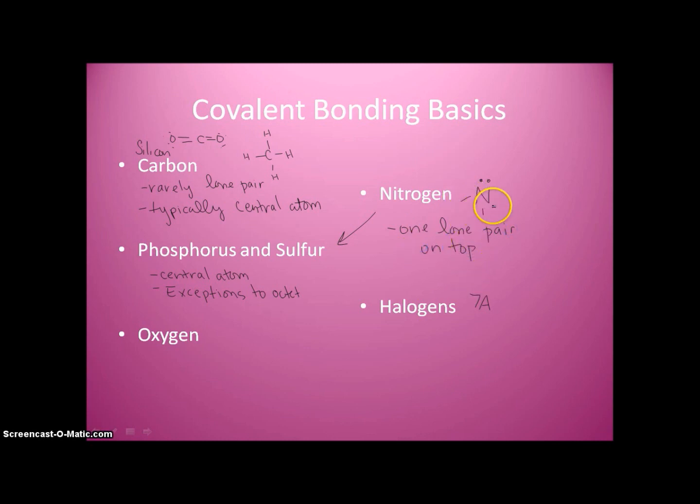He's usually going to have 3 shared pairs. And this is true if he is bonded to 3 different hydrogens, or if he is bonded to himself in a diatomic molecule. Okay, 3 shared pairs and 1 lone pair. Each one of them is following those 2 things I just told you.